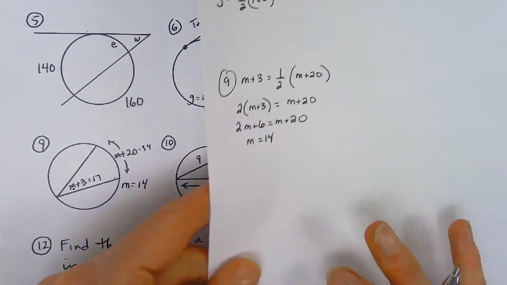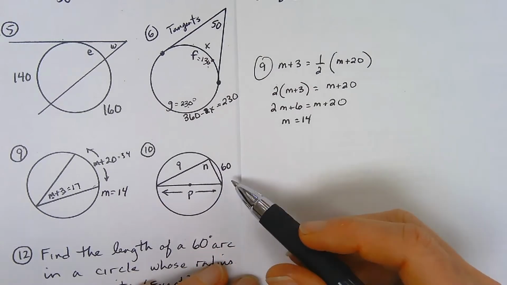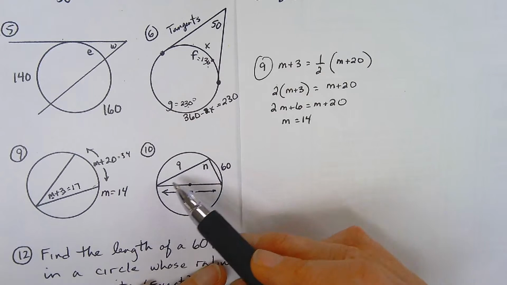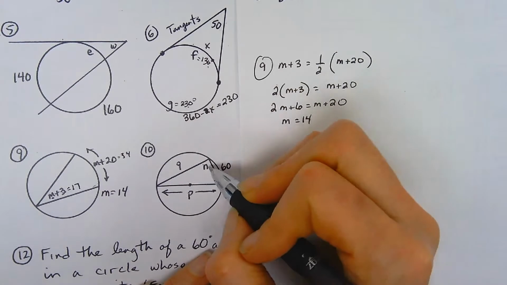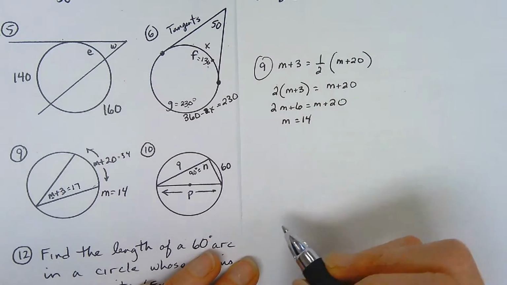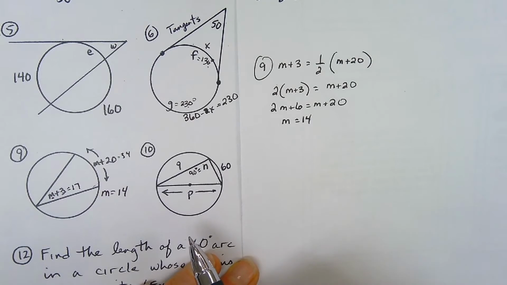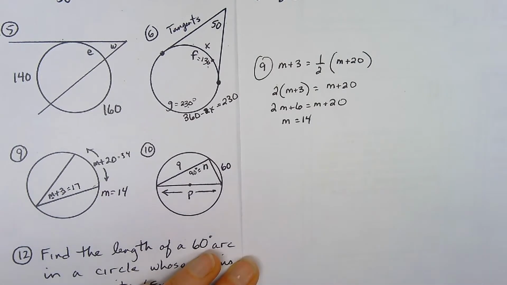Number 10. Here is an inscribed angle on a semicircle. So right away, we know that n, because it's inscribed on a semicircle, is equal to 90 degrees. This angle is equal to 90 degrees. How do we find the length of this side? Well, it's a right triangle.